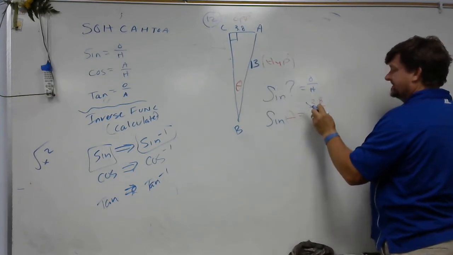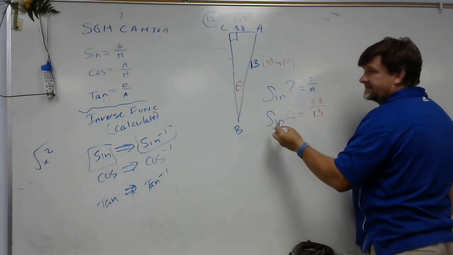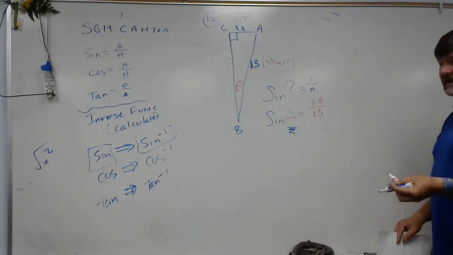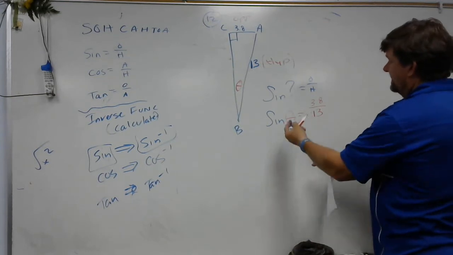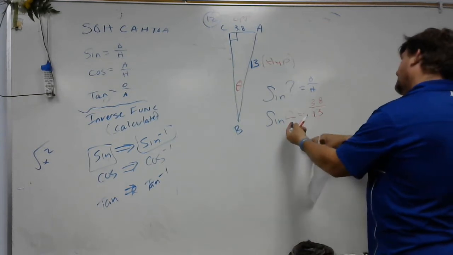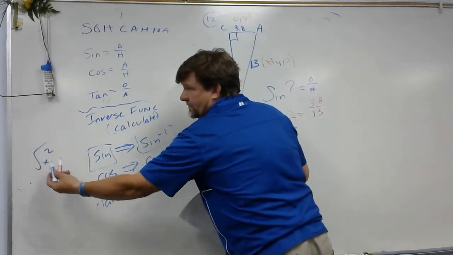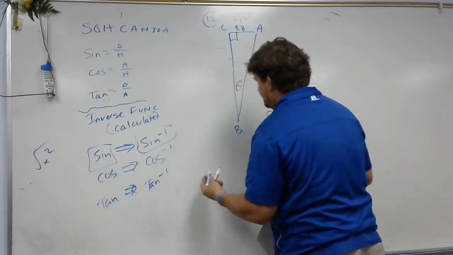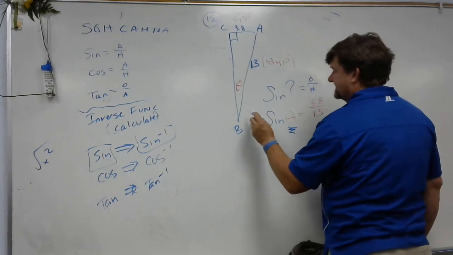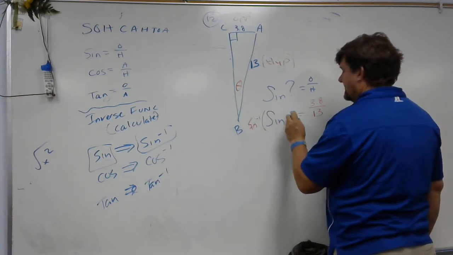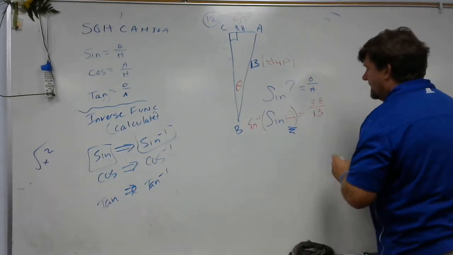over 13. But sine's in the way. I need theta all by itself. So how do I get rid of sine and get theta by itself? I use its inverse function, like I would take the square root of both sides. So the inverse function is the arc sine, or the inverse sine, of both sides.